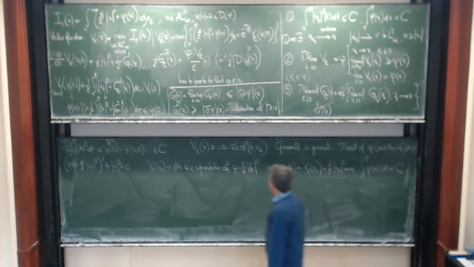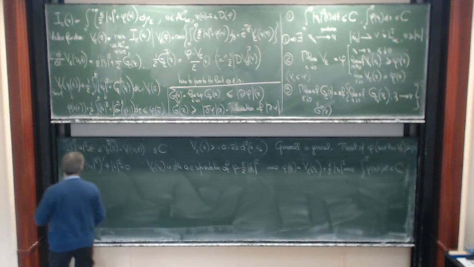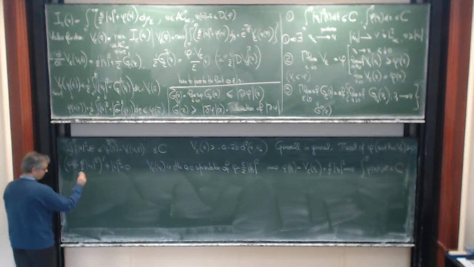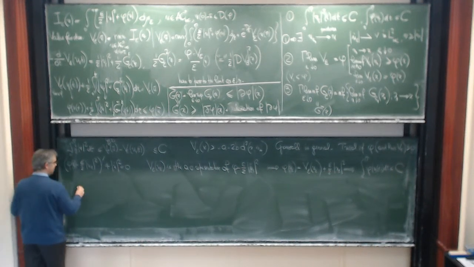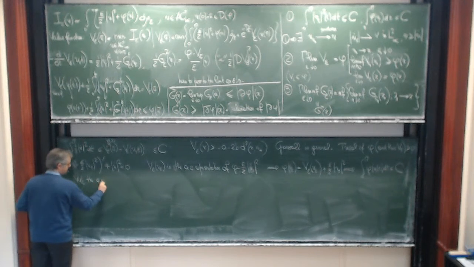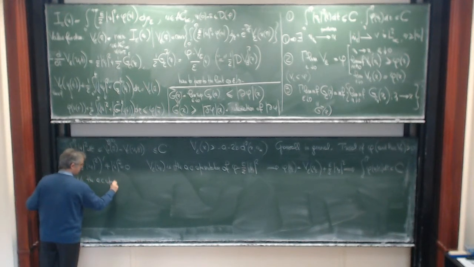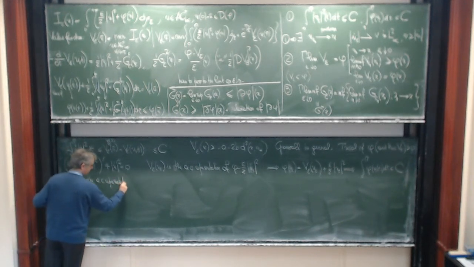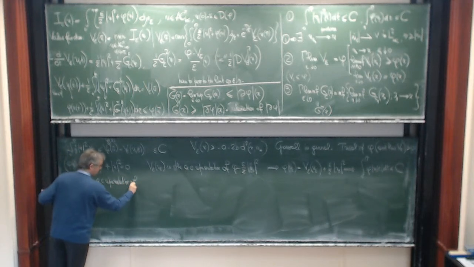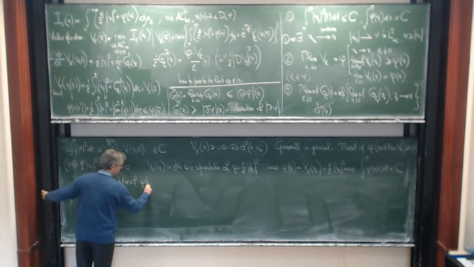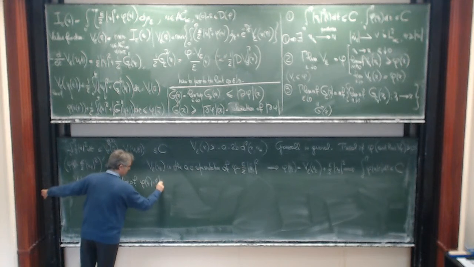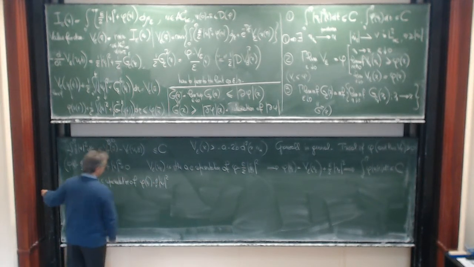And how can we identify these two functionals? Before the identification, let me call W epsilon the AC representative of phi of u epsilon minus epsilon over 2 u epsilon dot square.